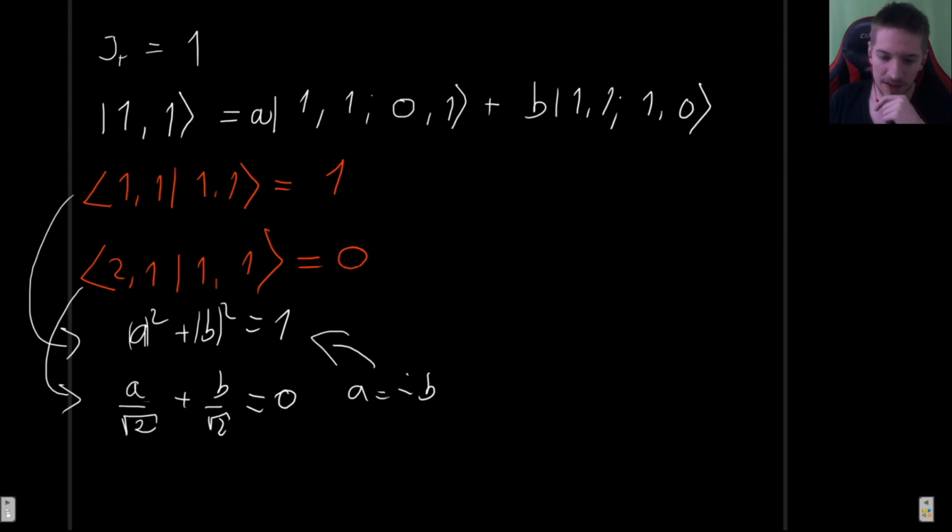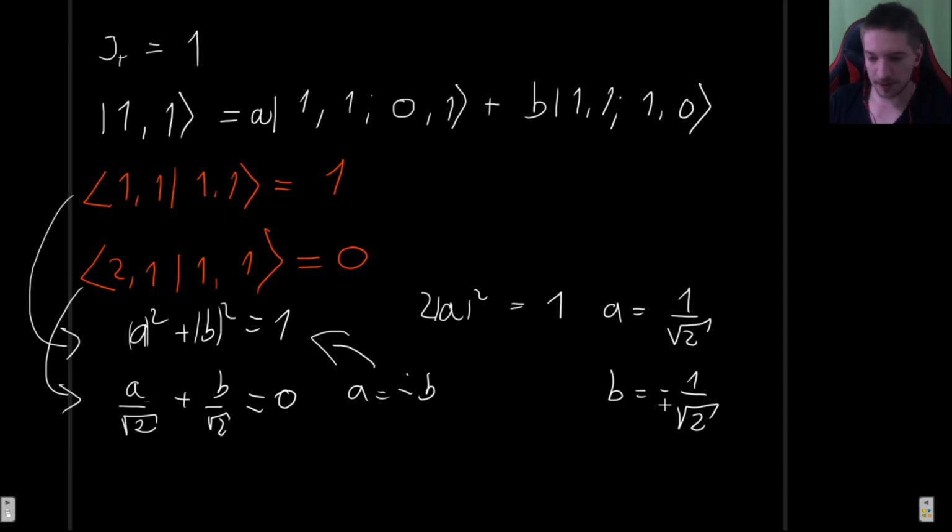So when we plug this over here, we get that 2 times a squared has to be equal to 1, or that a has to be equal to 1 over square root of 2. This could also be positive or negative, but because b has to be the opposite sign, it doesn't matter which one it is as long as b has the opposite sign, okay?